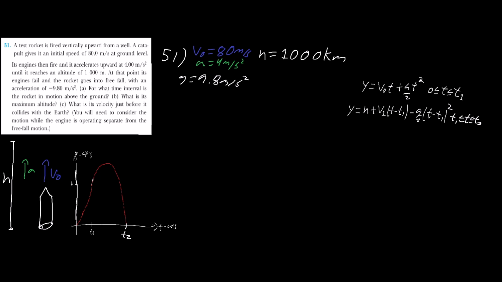So the question is asking for what time interval is the rocket above the ground. Well, before we do that, let's find out what v1 is. And v1 here, I define to be some initial velocity added to the acceleration times the time, specifically being t1 at the point where the engine fails.